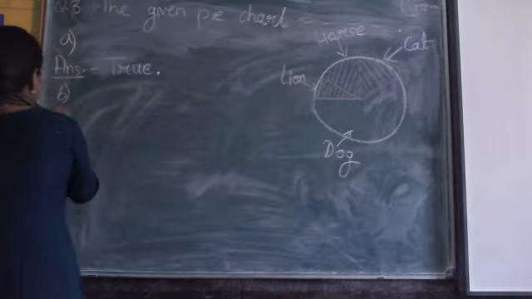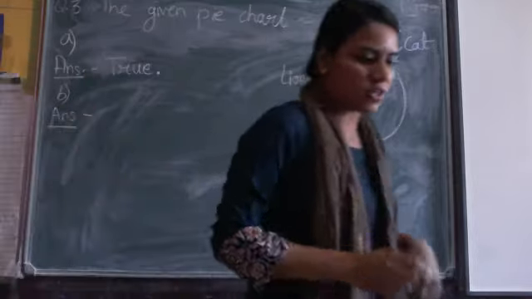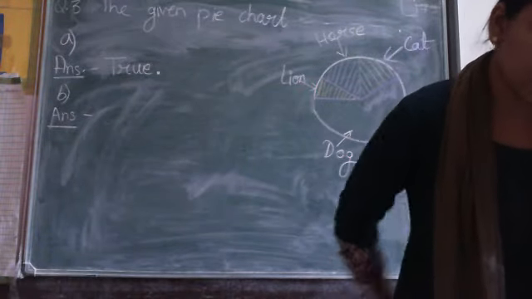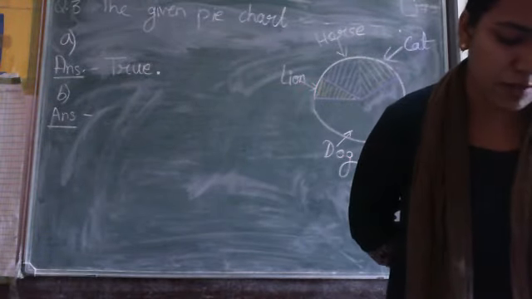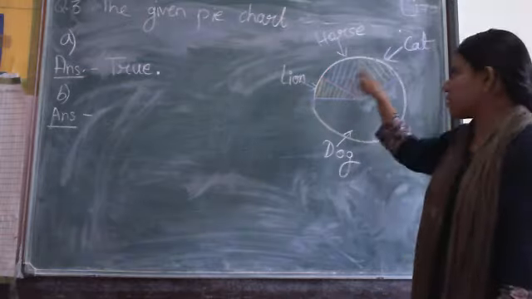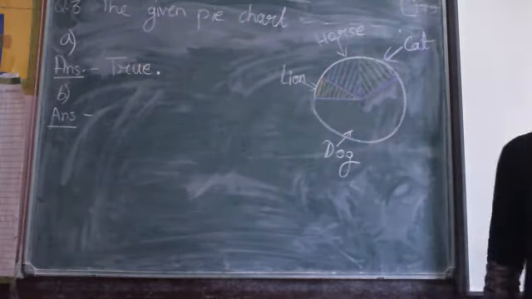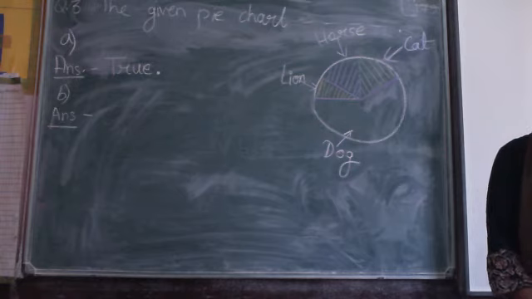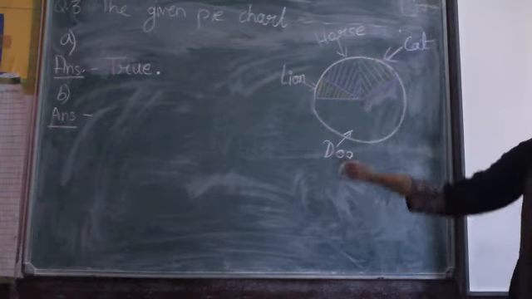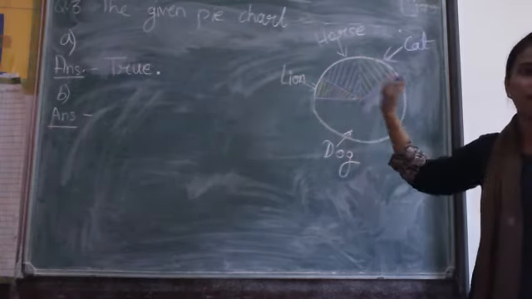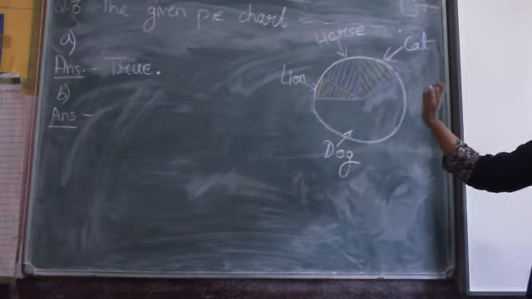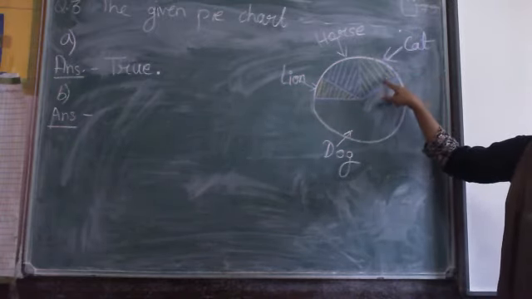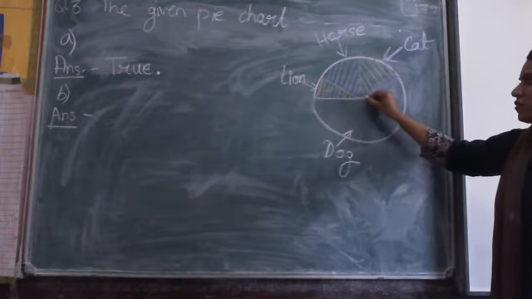Now part B. Read the question carefully. The horse is the favorite animal of the most children. Observe the pie chart and answer. Horse is the most liked? No. Then lion? No, lion is the least liked by children. Then cat? No. Dogs.